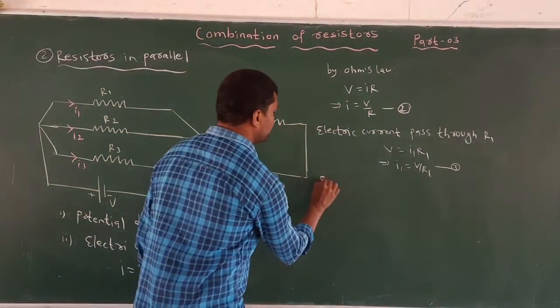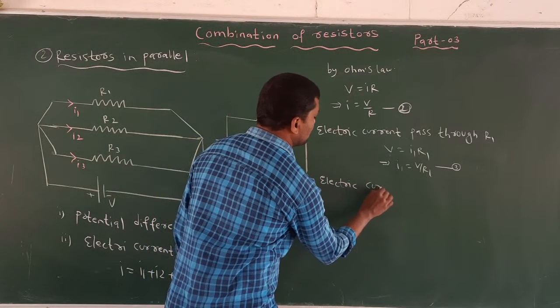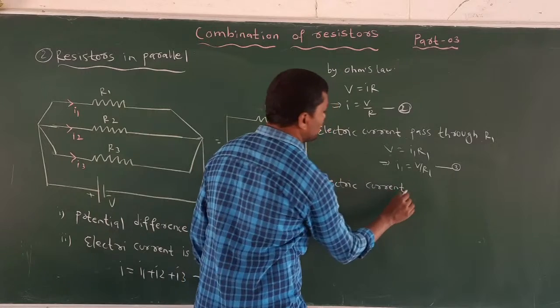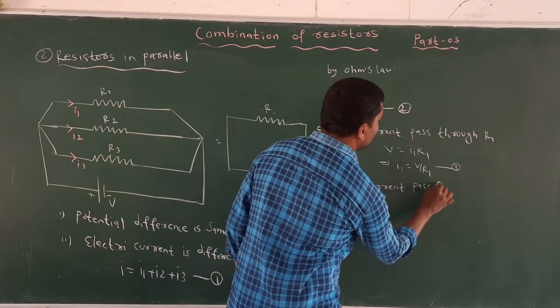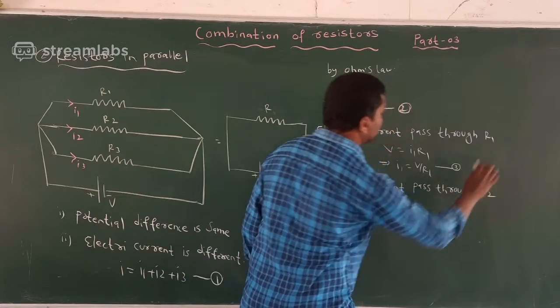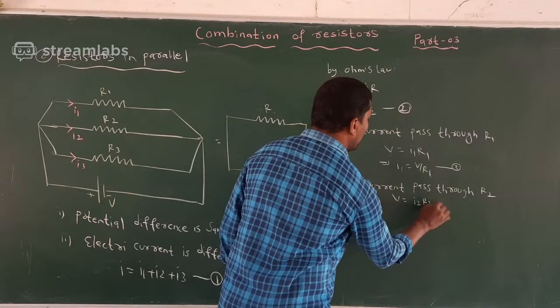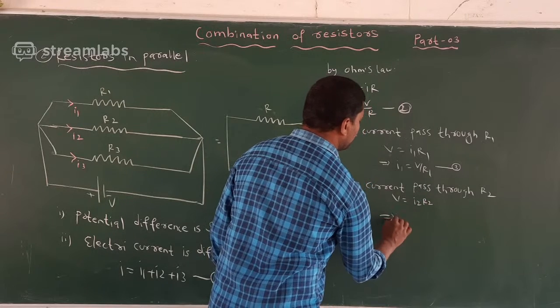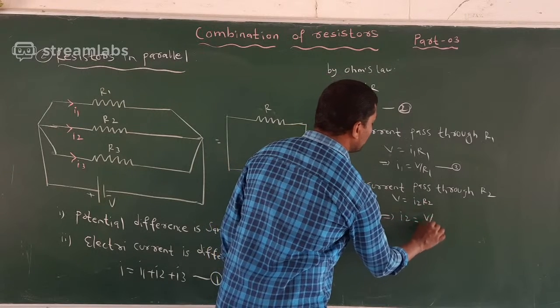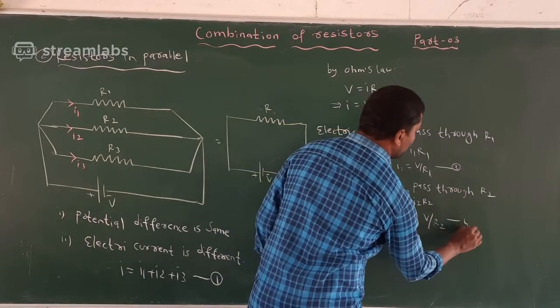Next, the electric current passed through the R2 resistor. So we can write V is equal to I2 R2. That implies I2 is equal to V by R2, equation number 4.